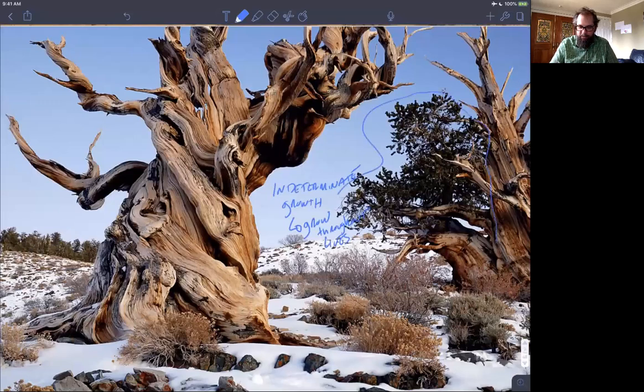So here we see this individual, which might be several thousand years old, that continues to grow throughout its lifespan. So plants exhibit indeterminate growth as opposed to determinate growth, growing throughout their lives, upwards of thousands of years in some species.